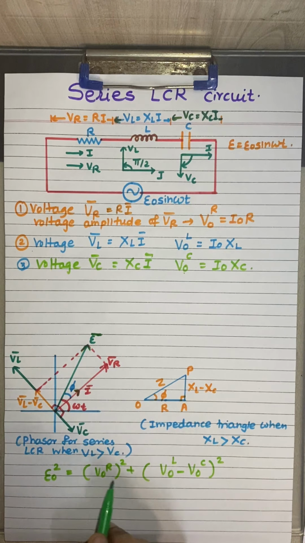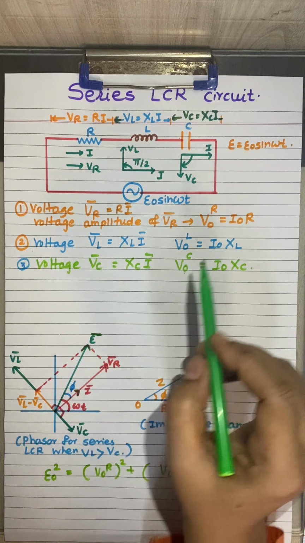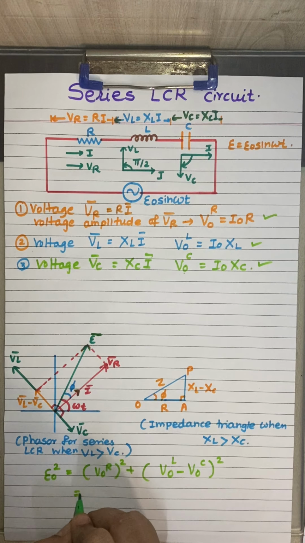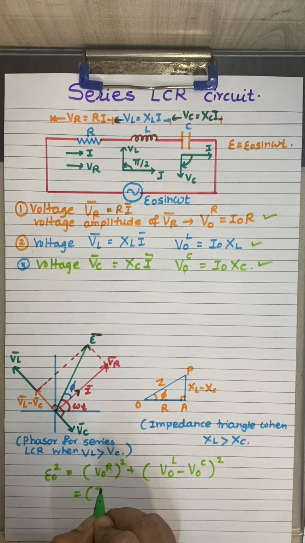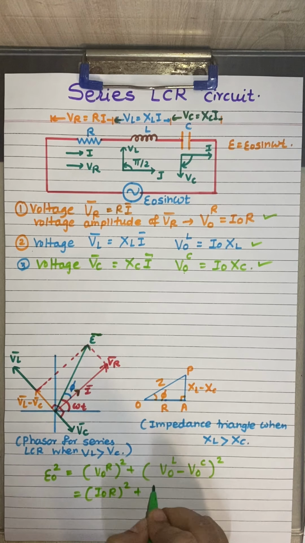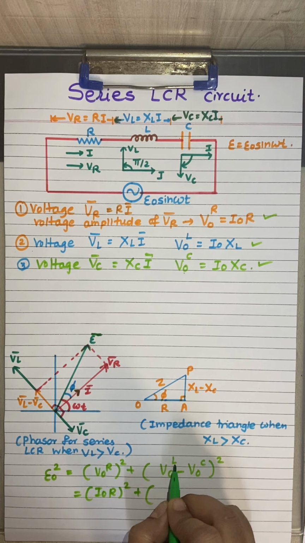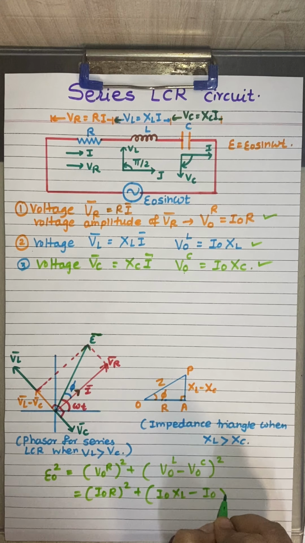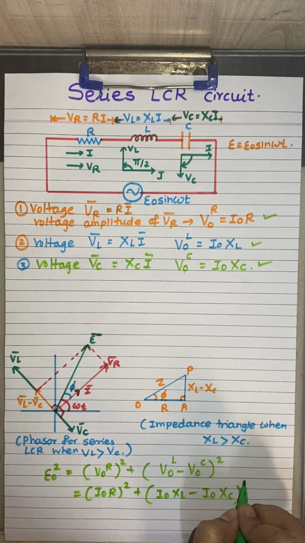This is according to the Pythagoras theorem, and we have just found the values of all these quantities. Instead of the voltage across R, I will write I naught R square, plus the voltage across the inductor, I naught XL, minus the voltage across the capacitor, I naught XC, whole bracket square.